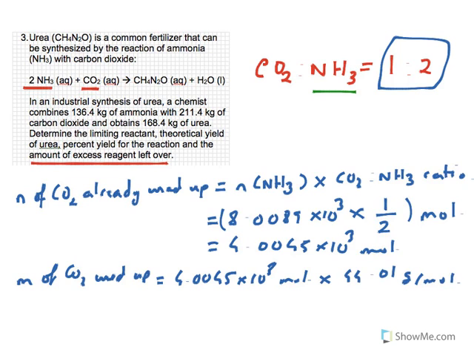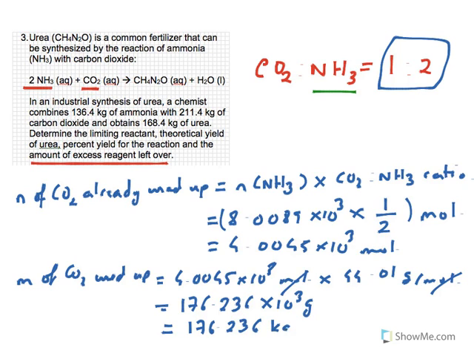Once again, we calculated this earlier. So our moles get cancelled out, and we end up with 176.236 times 10 to the power 3 grams. And now we can rewrite this as 176.236 kilograms.